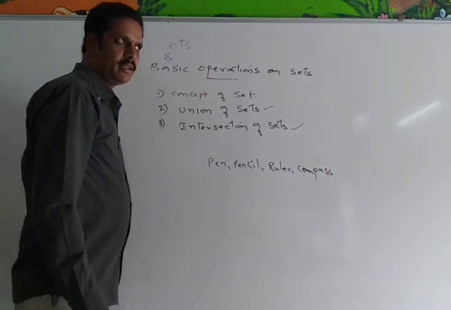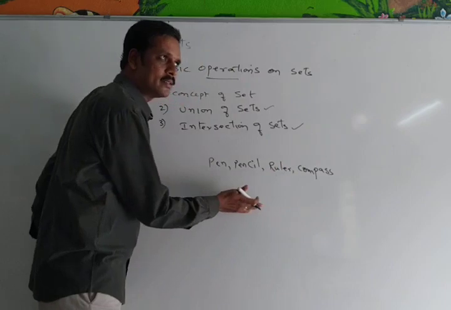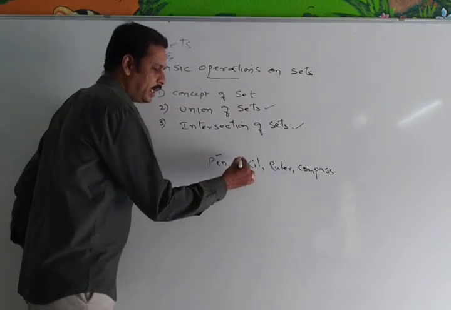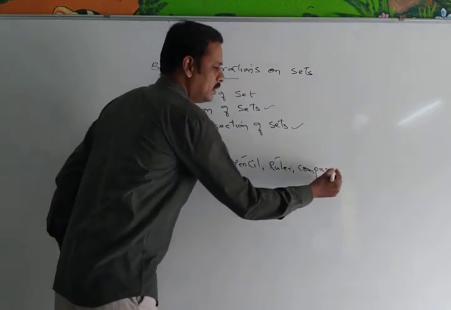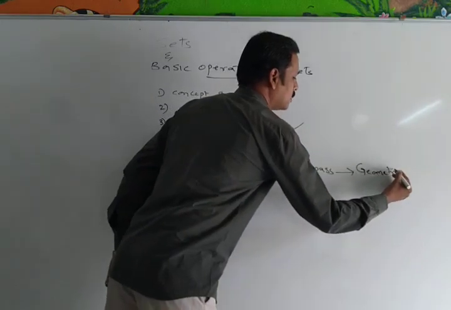Now, by seeing, one can understand that these are the instruments of a geometrical box. Now, we can find a common relation between pen, pencil, ruler, compass. That is, they belong to a geometrical box.